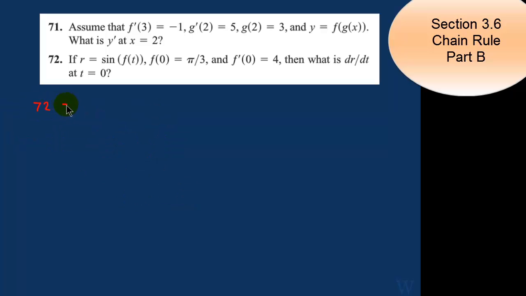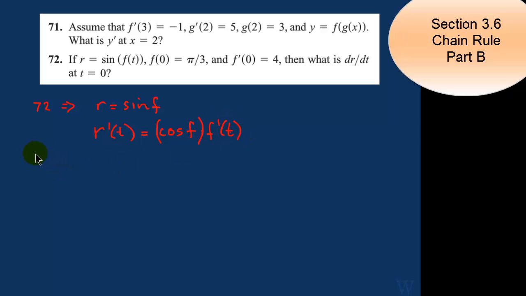Number 72. What we've got here is r is the sine of the function f. So if I want to take the derivative of r with respect to t, I'll take cosine of f, because that's the derivative of sine, but I don't stop there because this is the derivative of r with respect to f, so I multiply by the derivative of f with respect to t.